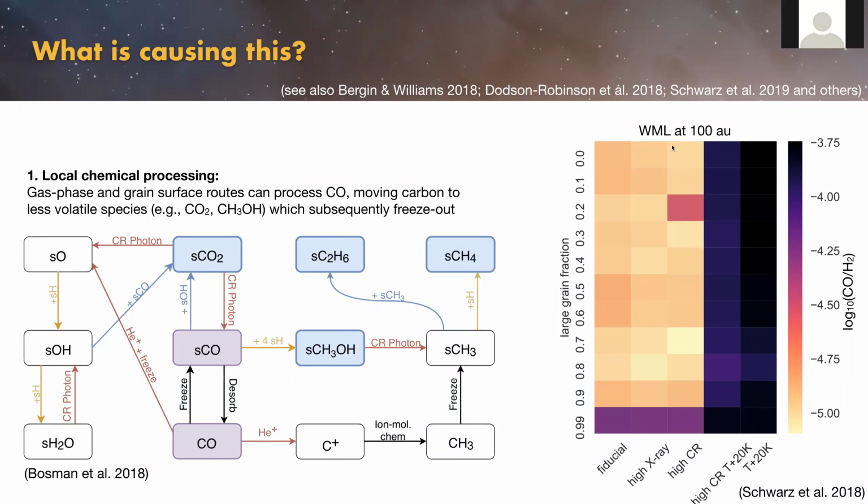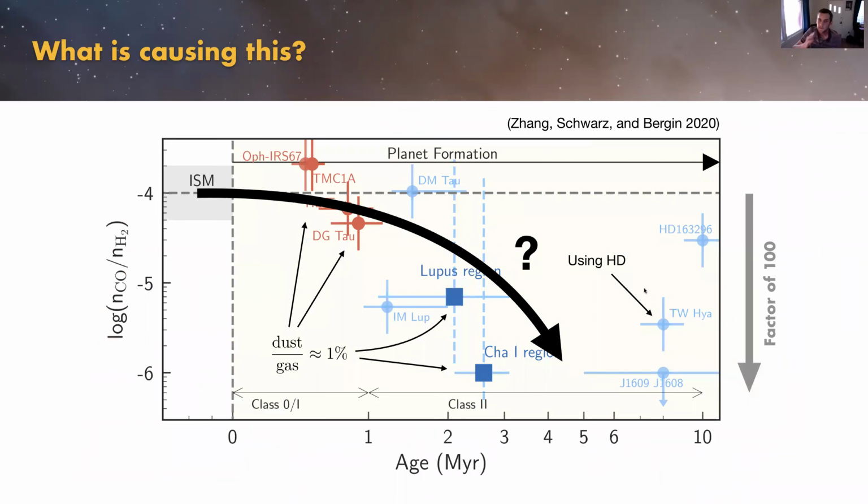Sebastian. Yeah. Sorry, I got a bit lost. My understanding is that the HD measurement was only for HL Tau. So how else is the CO to H measured? Right, the HD is only for TW Hydra.